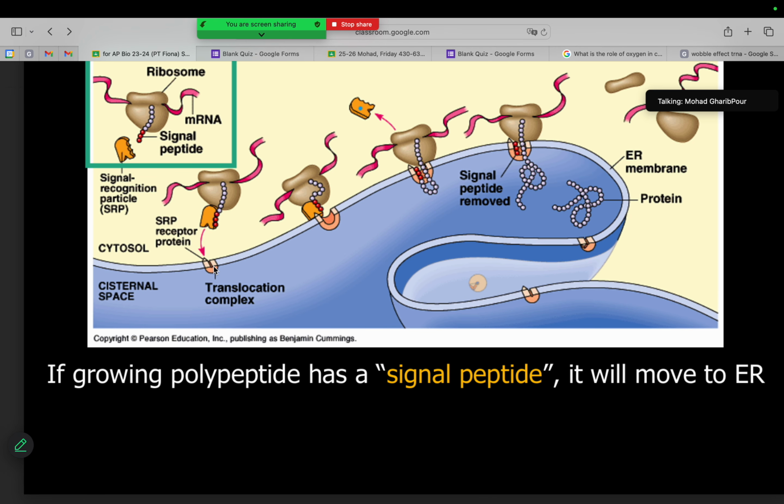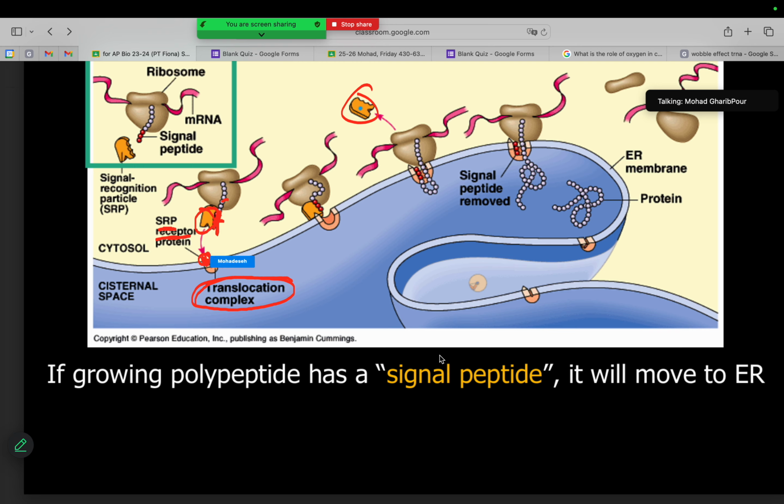So the signal peptide will bind a protein, which is a signal recognition particle, which attaches to the signal peptide right here, which then helps bring it to the translocation complex, which has an SRP receptor.